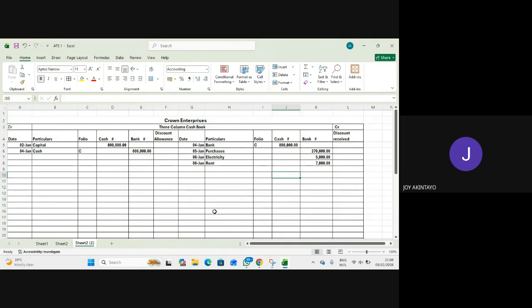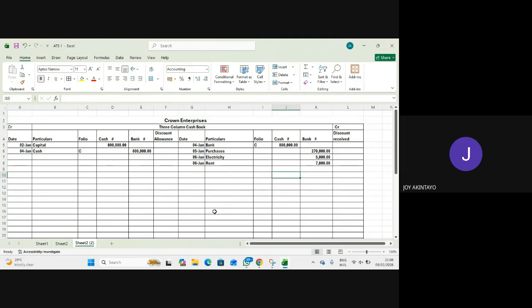You would credit the bank and debit cash. We credit the bank and we debit our cash. It means the bank is the one giving what?